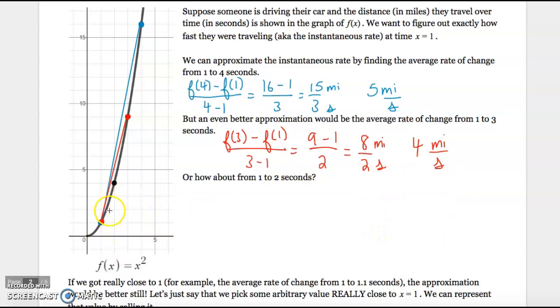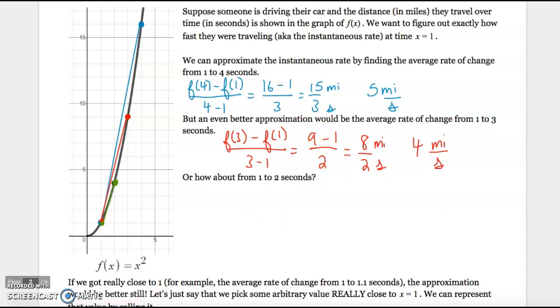Remember, we're trying to get closer and closer to the exact slope at that one point on the curve. So we're just moving the points we're finding the average rate of change for closer and closer to that point. Now let's do 1 to 2 seconds. That's almost a tangent line there, almost.